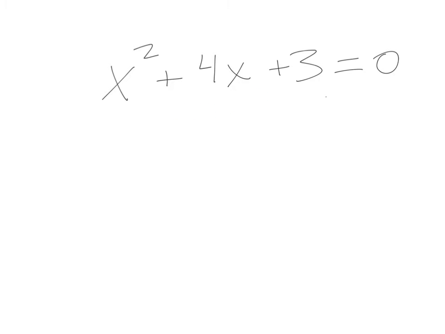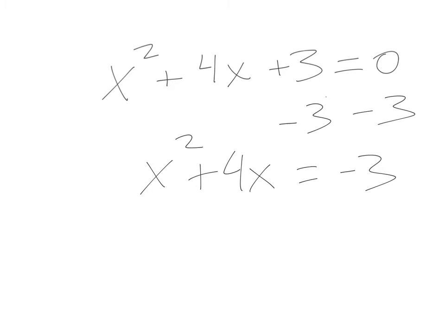So the first thing we do is we simply subtract 3 from both sides. So we have x squared plus 4x equals negative 3. Now we want to think, okay, what perfect square trinomial is going to have this 4x as its middle term?